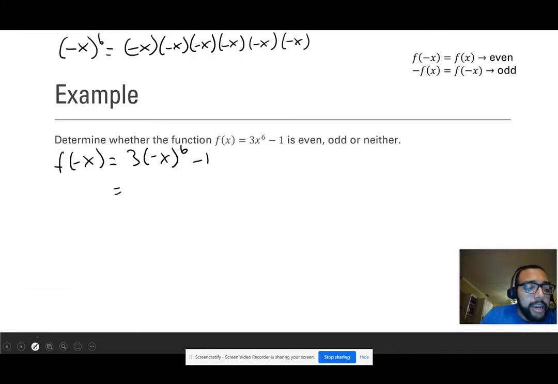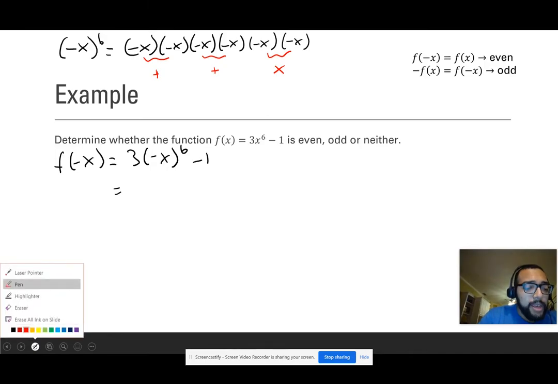Now here's where our good old negative and positive multiplication rules come in handy. A negative times a negative is a positive. This negative times this negative is a positive, and this negative times this negative is a positive.